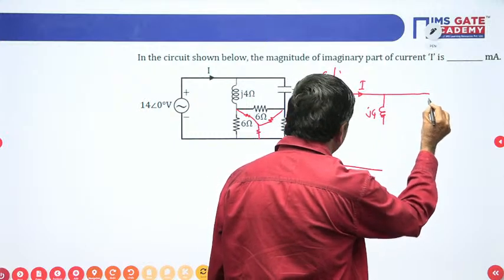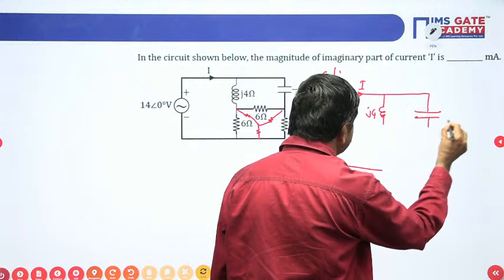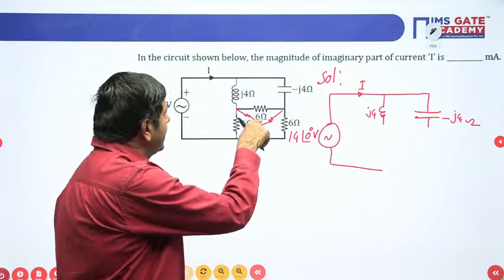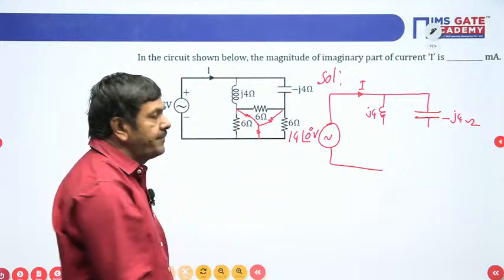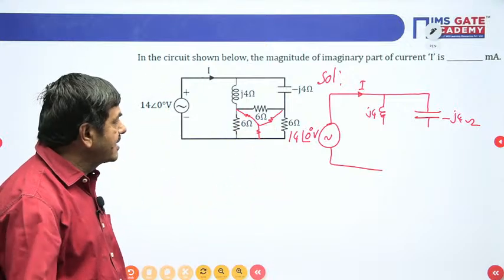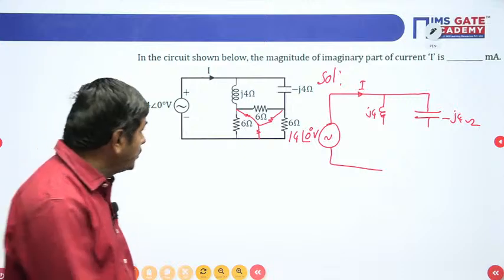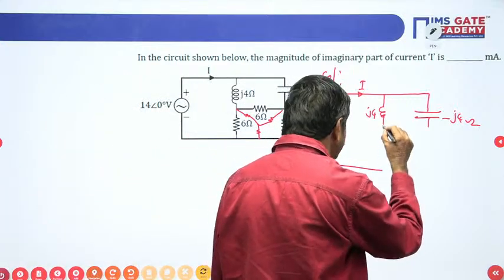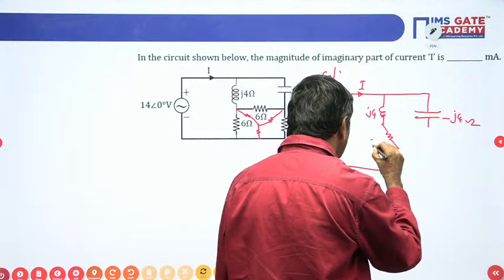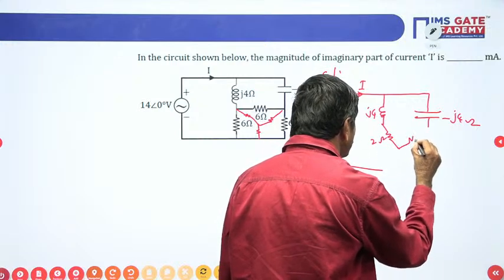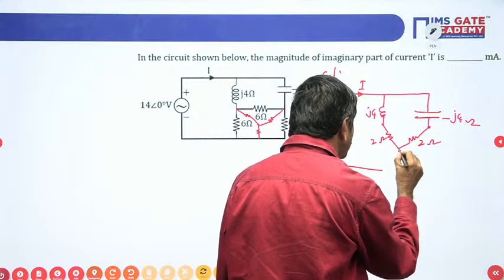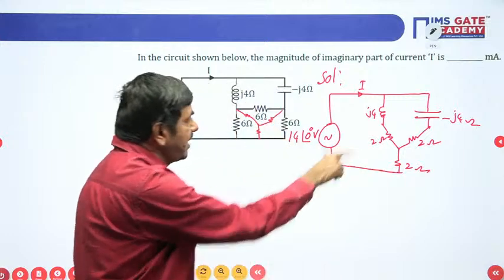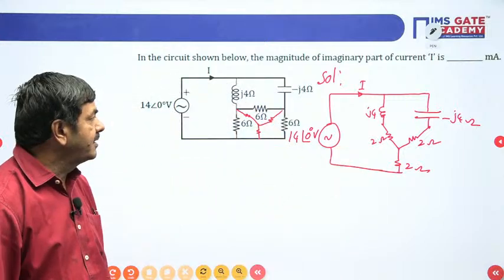For the delta to star conversion with 6, 6, 6, what value comes? When you convert delta to star, 2 ohms is possible. This is 2 ohm, this is 2 ohm, this is 2 ohm. I converted delta to star, 2 ohms possible here.